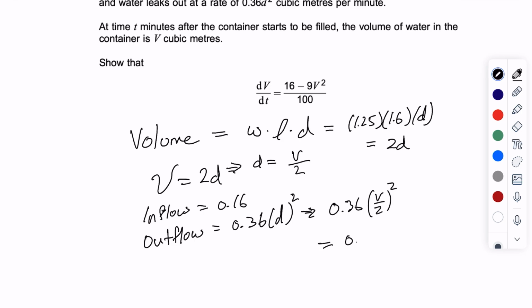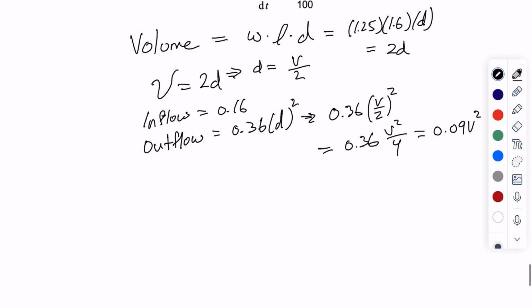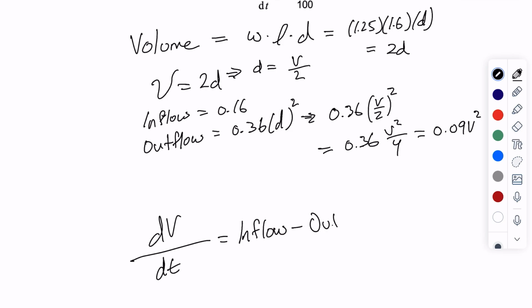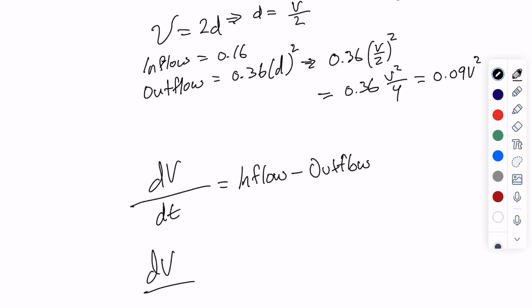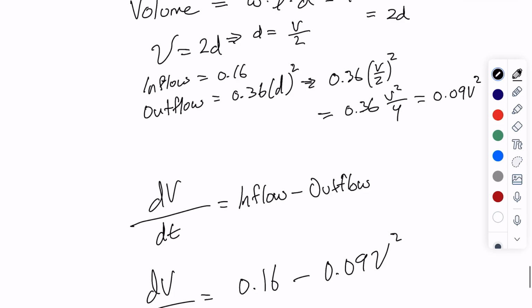So that will be 0.36 times V squared over 4, which ends up being 0.09 V squared. Now our change in volume with respect to time equals the inflow minus the outflow. And the inflow is 0.16, and the outflow is 0.09 V squared.